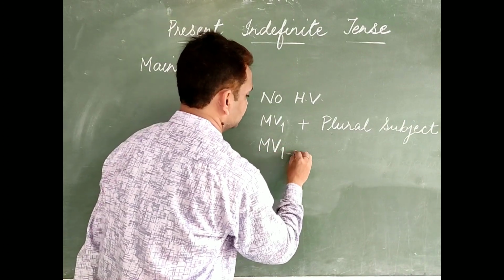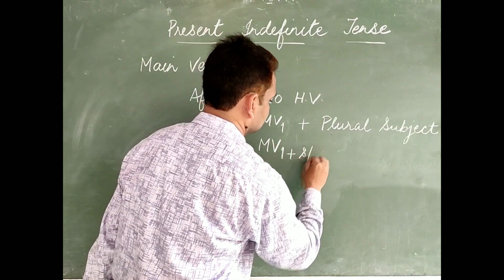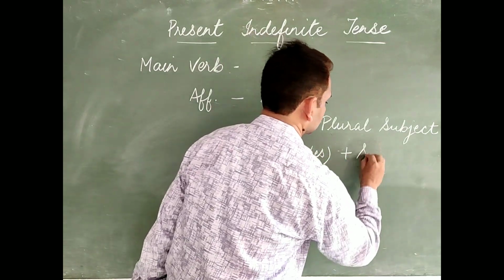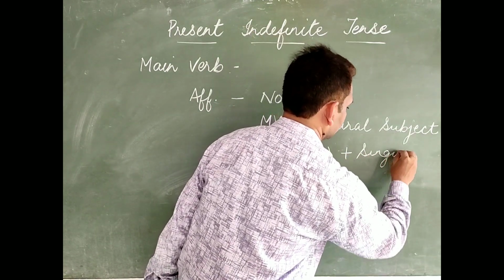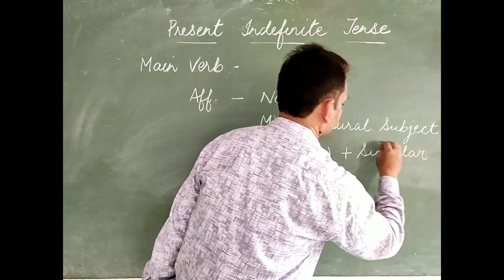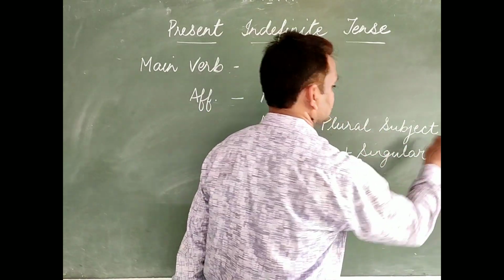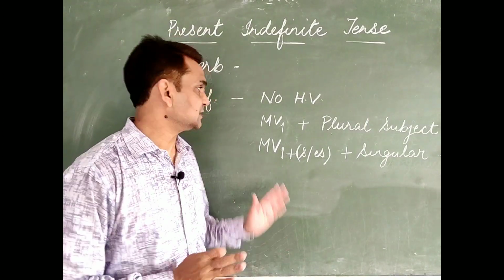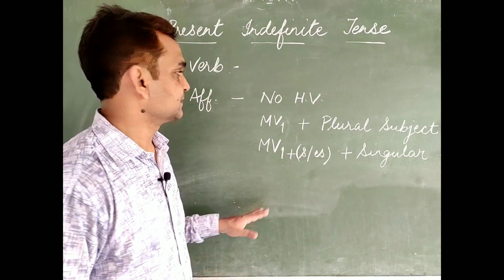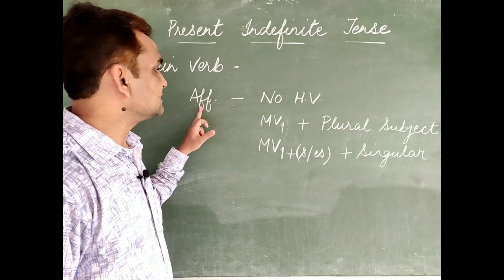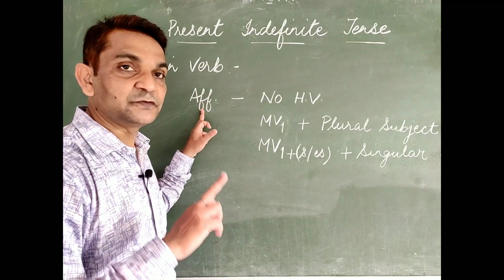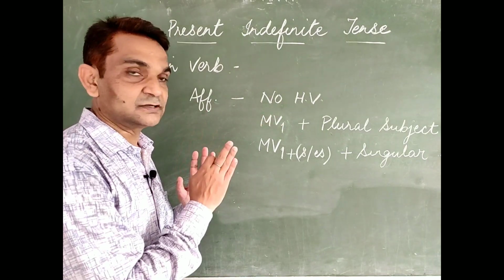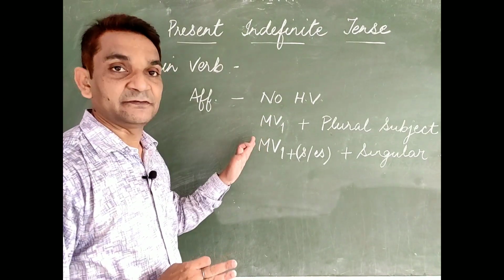First form of main verb with s or es with singular subject. Now just concentrate on what I have just said, that if the sentence is affirmative, you will not use any helping verb. After subject, you will directly use the main verb.